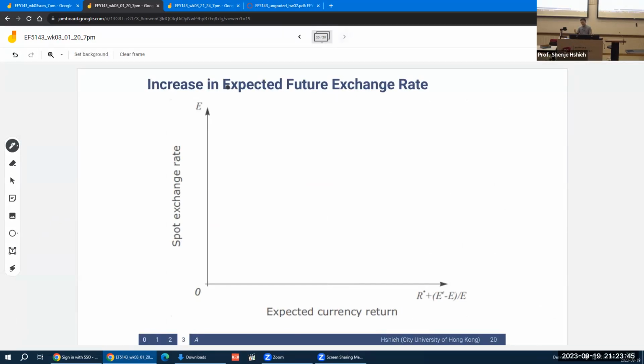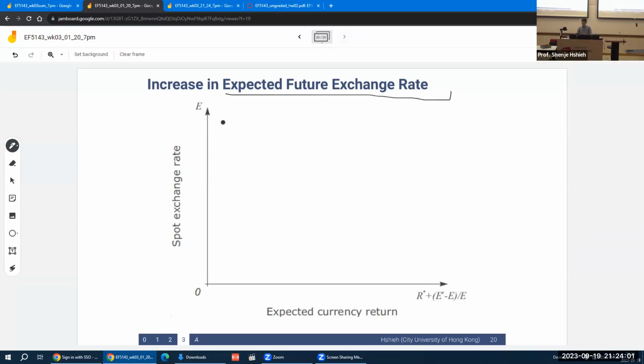We'll talk about what can actually change the expected future rate, to be more precise, but this is just an exercise in understanding the algebra and plotting simple equations.